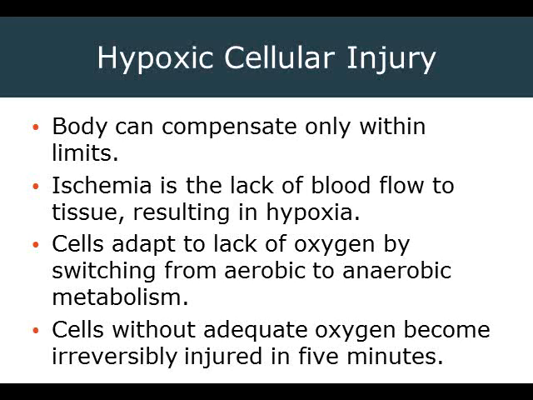Hypoxia is the global state of the whole body being ischemic. Hypoxemia is the specific tissues. Cells adapt by switching from aerobic to anaerobic metabolism, and cells without oxygen become irreversibly injured within about 5 minutes. If they don't get oxygen within 5 to 10 minutes, they're almost guaranteed to be dead.